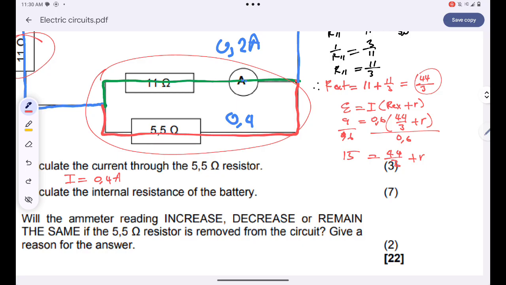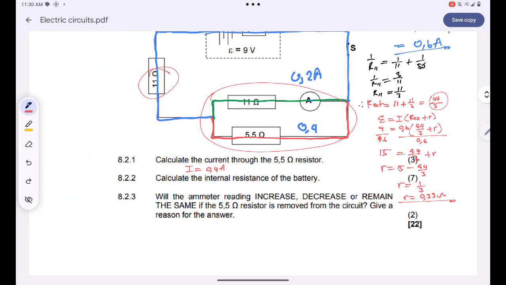Or let me not get fancy. R is just equal to 15 minus 44 over 3. Let me punch my calculator. So R is basically equal to 0.33 ohms. That's how, guys, we're supposed to tackle that question.